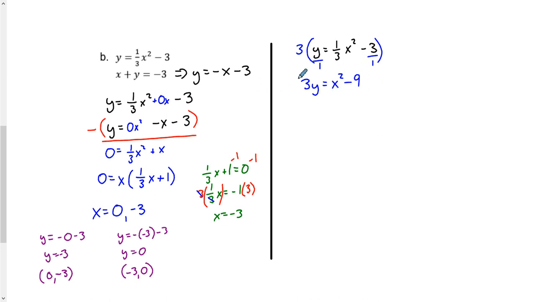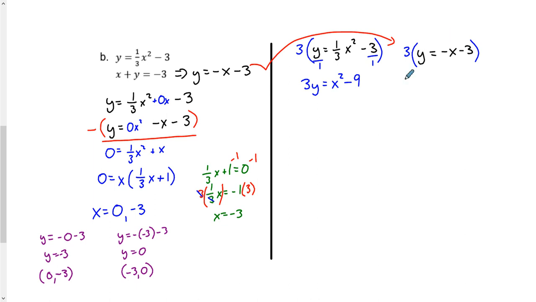Now, this bottom equation still has y's, so we will carry over this bit of work down here. In order for us to eliminate anything, we still need to get rid of our y's. Since we multiplied this entire top equation by 3 to get rid of the fractions, we have a 3y. Well, in order to get rid of a 3y, we need this entire equation to also have 3y's.